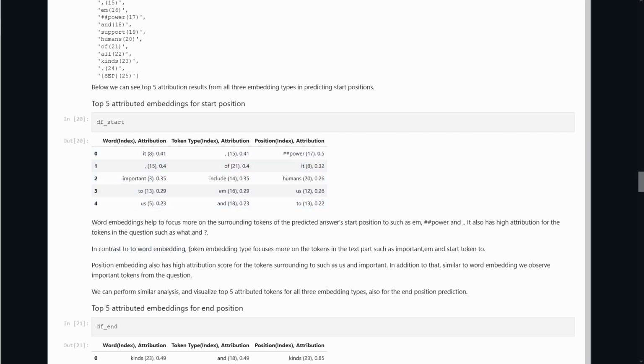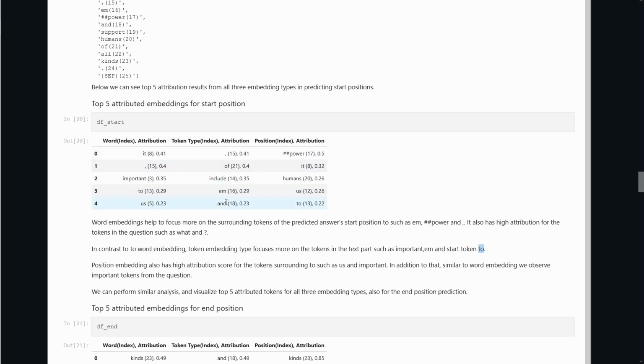In contrast to word embedding, the token type embedding, so the second column here, focuses more on the tokens in the text. This part is important. There's no "important" in the top 5. M for empower. There's M at position 4. What about positions 1, 2, 3? And the start token 2.